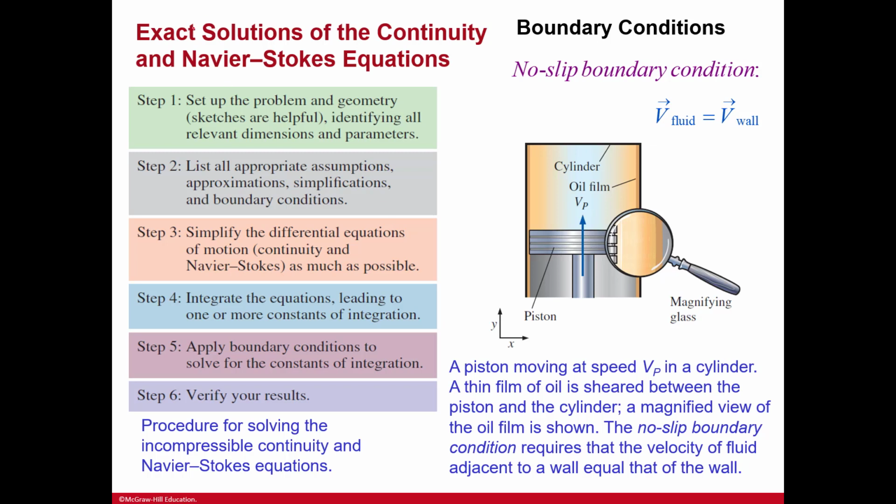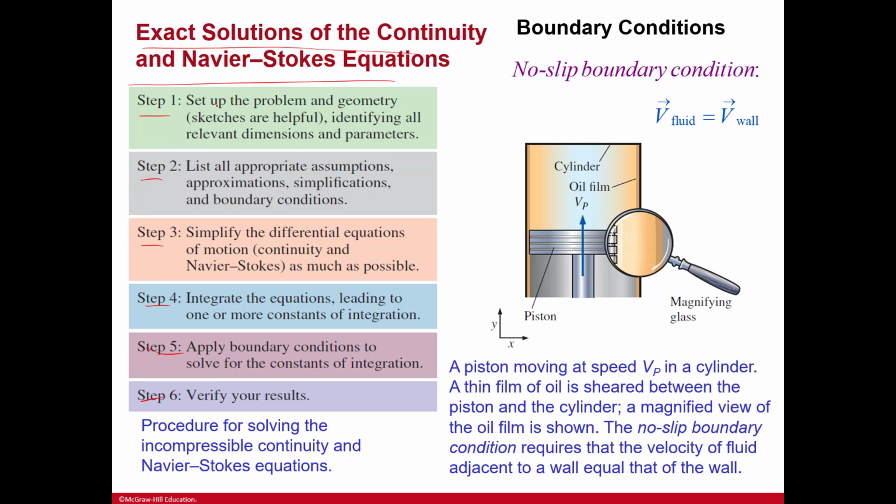Here are exact solutions of the continuity and Navier-Stokes equations, and the steps associated with each. First, set up the problem and geometry. Sketches are always helpful, identifying all relevant dimensions and parameters, starting with what you know. Second, list all the appropriate assumptions.